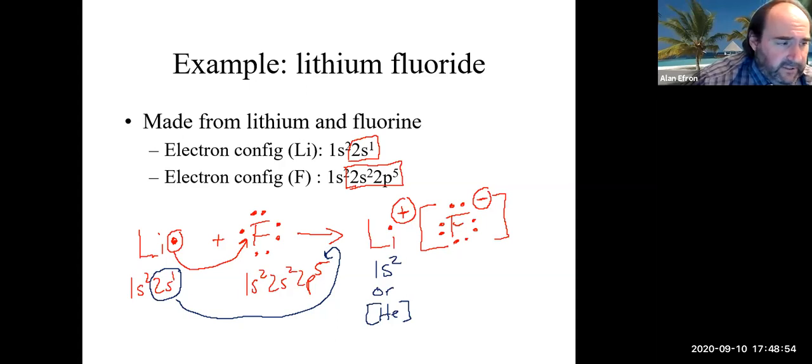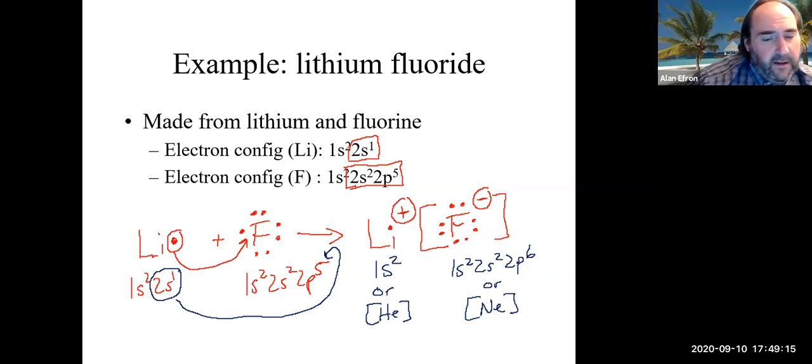And our fluorine, which is now fluoride, will be 1s2, 2s2, 2p6. And again, if you count up the top numbers there, that is 2, that is 4, that is 6, that is 10, I believe, at that point. And 10 is neon on the periodic table. And as I mentioned before, the whole basis of any type of bonding is for everybody to end up just like these guys, and these guys, as we hopefully know, are our noble gases.